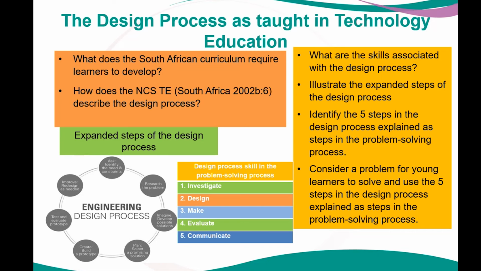So now, looking at questions like what does the South African curriculum require learners to develop, remember the main aim is to develop skills necessary to perform two processes during technology education. And one of these processes is the design process. The NCS describes the design process as a creative and interactive tool used to develop solutions to identify problems or human needs.